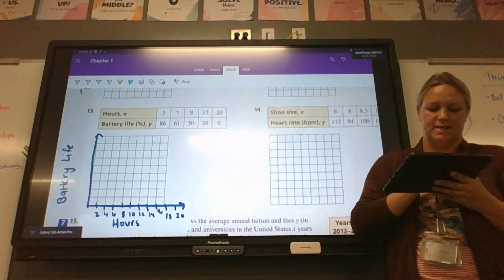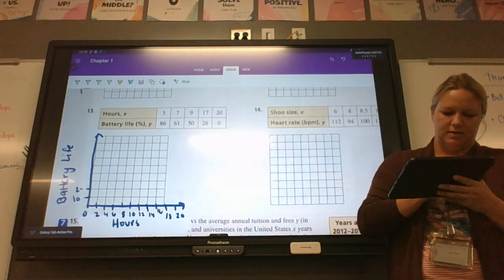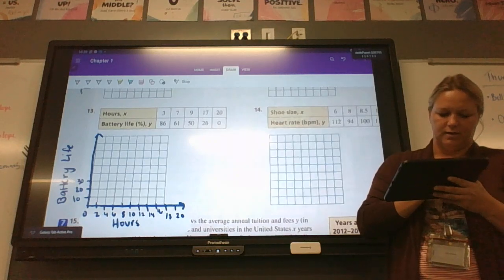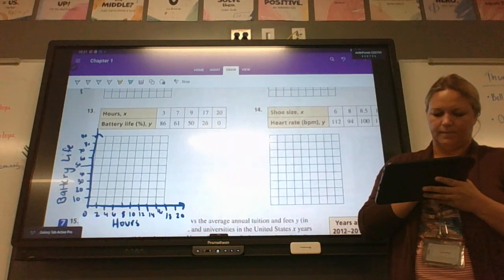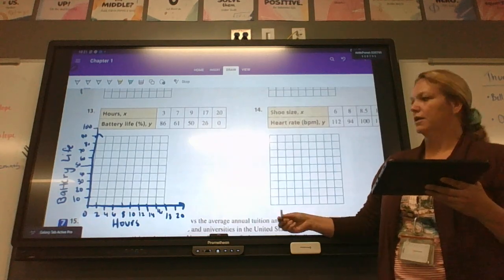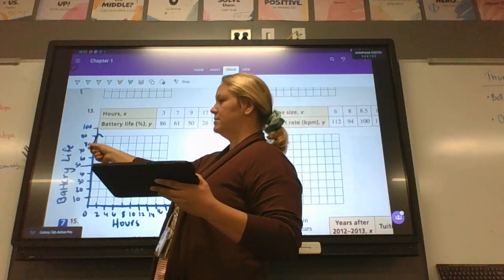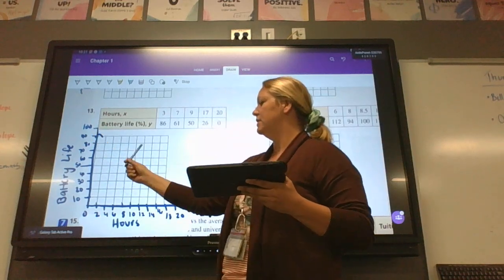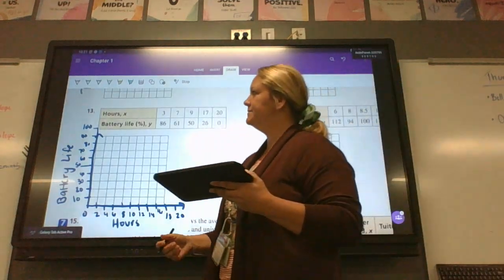I'm going to go by 10s. We don't need a break here. And I know that at some point that battery hits 100, so I extended up to 100. And I'm going to proceed with my scatter plot.